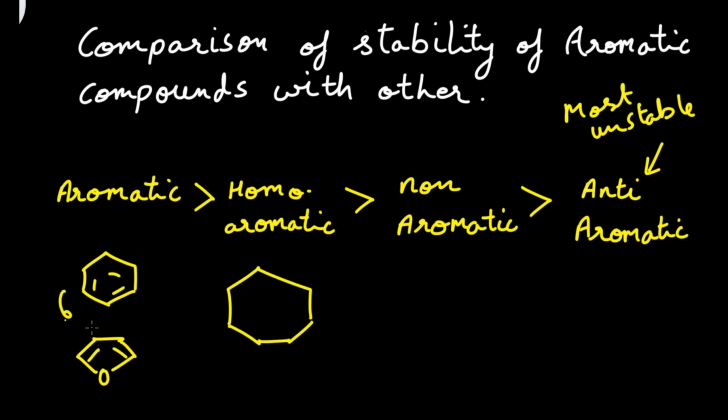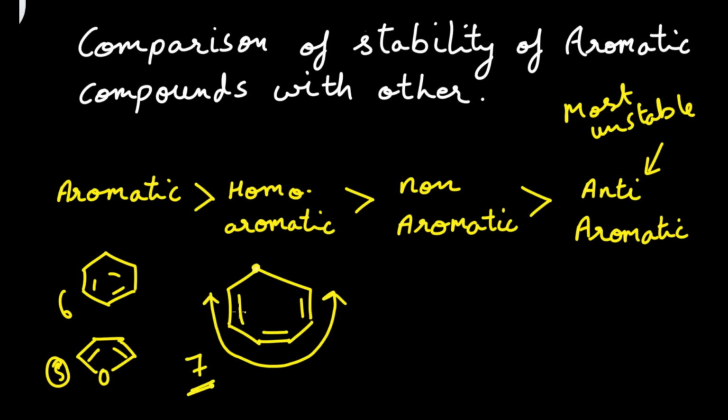This is a 6-membered ring, this is a 5-membered ring, and this is a 7-membered ring, right? Now look at the placement of double bonds. You can say that all these 6 carbons are in conjugation except this one, which is not in conjugation with the others.